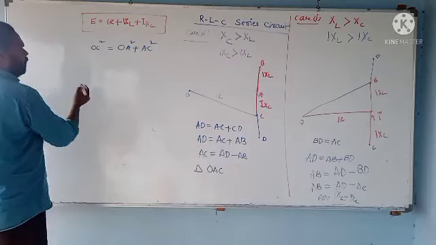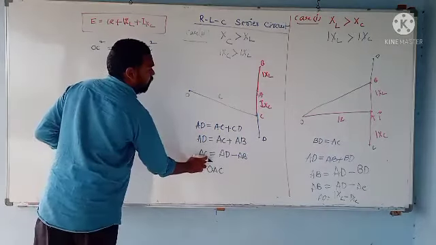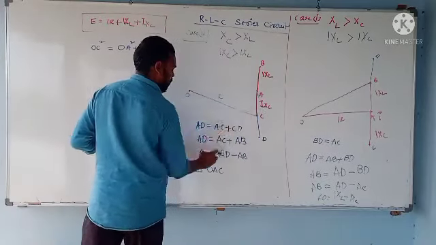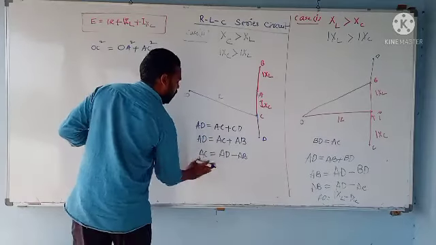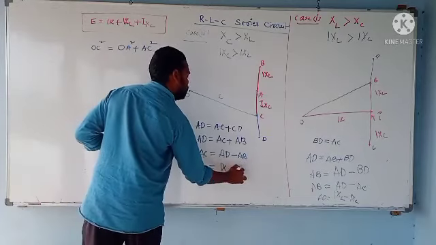So now, AC is nothing but this one. If I want to calculate this, AD is IXC, AB is IXL.